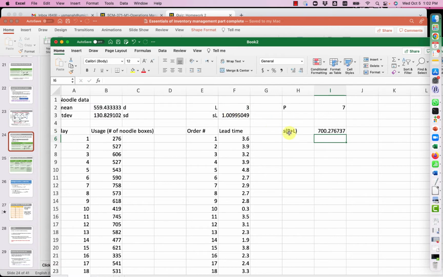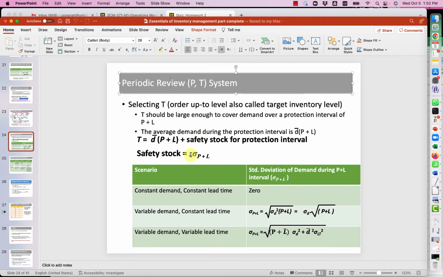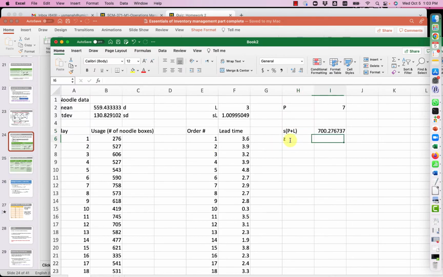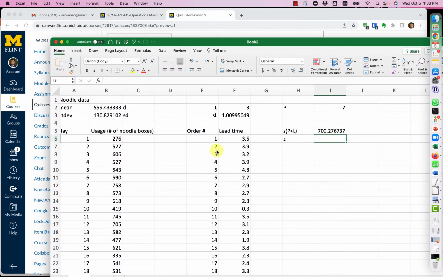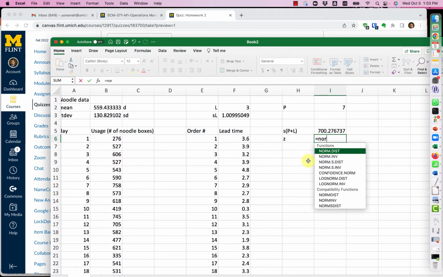That gives us sigma P plus L, the standard deviation of demand over the P plus L interval. Once we have that, we multiply that by Z to get the safety stock. So Z we need based on the cycle service level, which is 98%. So we do equals NORM.S.INV of 0.98, to convert probability to a z-score.